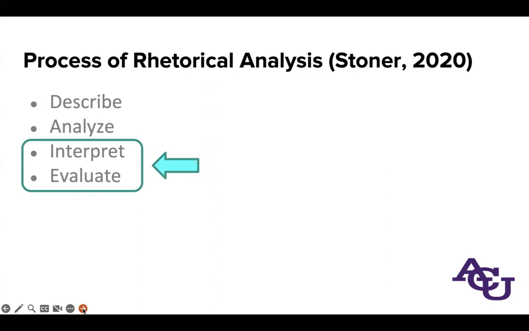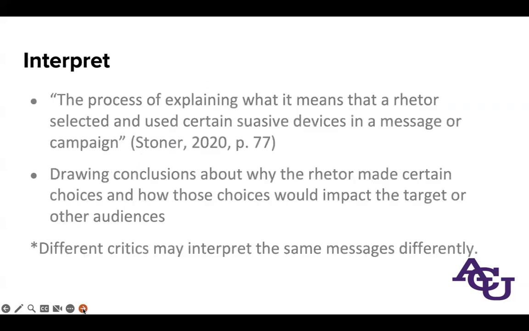Then, after description and analysis, the logical final steps are interpretation and evaluation. So let's read. To interpret, according to Stoner, is, quote, the process of explaining what it means that a rhetor selected and used certain persuasive devices in a message or a campaign.